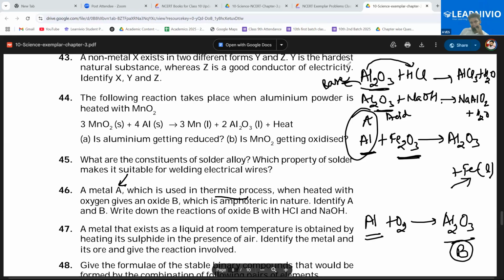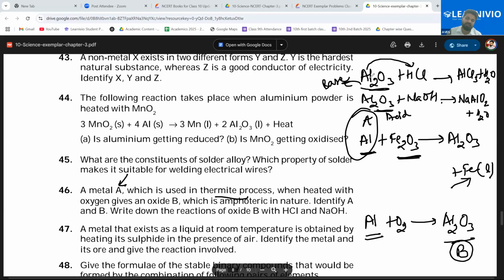Note it down. Al2O3 is acting like an acid here, because when it reacts with base, it reacts like an acid.